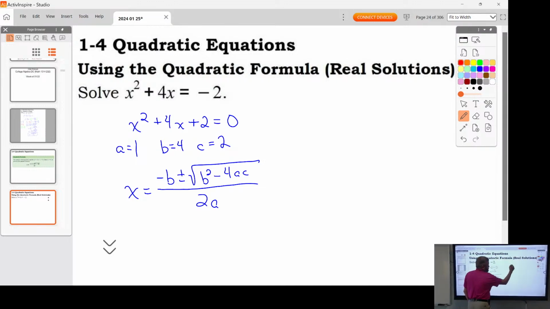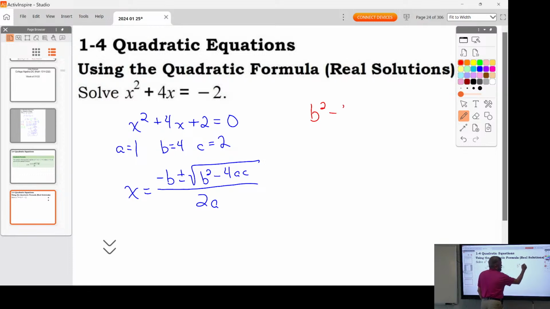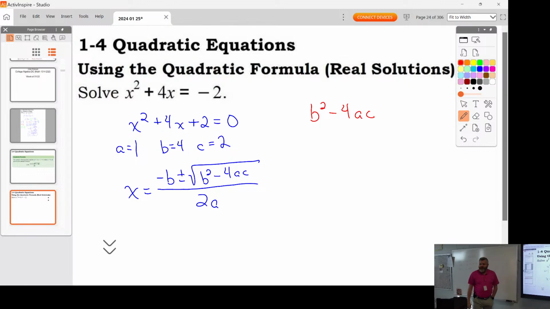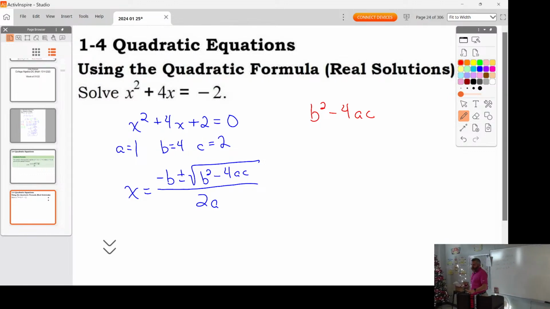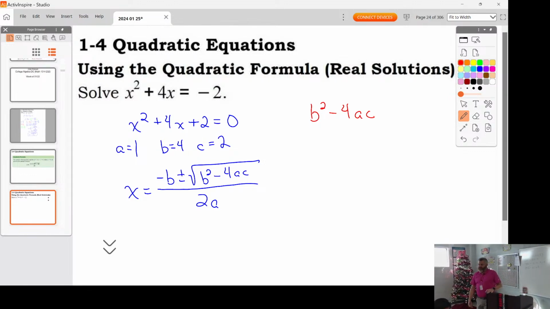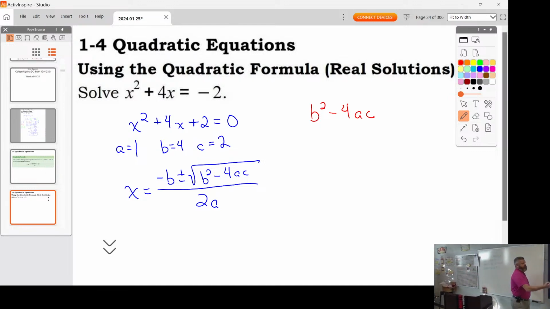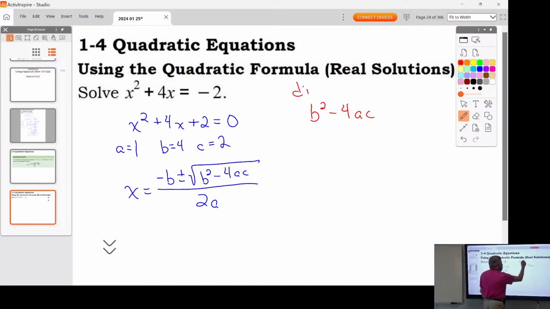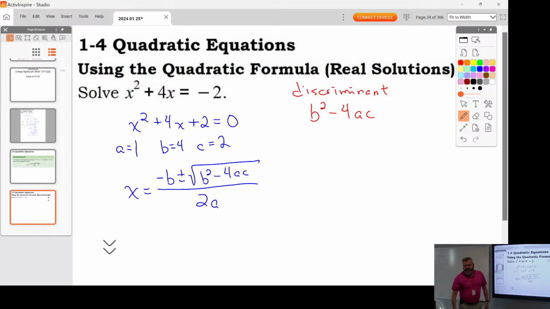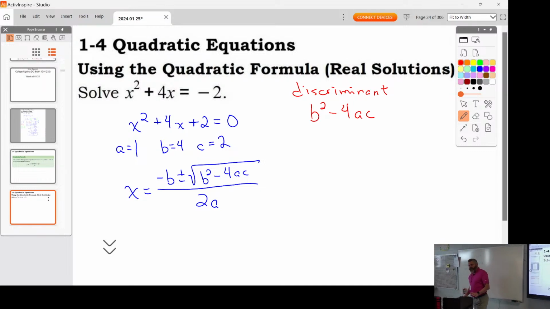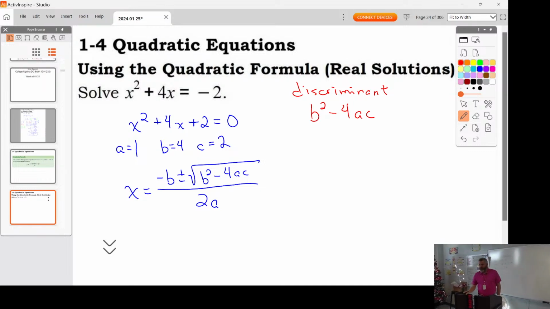Do y'all remember what b squared minus 4ac is called? It's the very last thing we'll talk about in this section. I'm going to throw it in right now, so when we get to it, I'll fly through it. That's called the discriminant. We'll talk more about it in a little bit, but the discriminant is going to tell you what type of and how many answers you're going to have, okay?